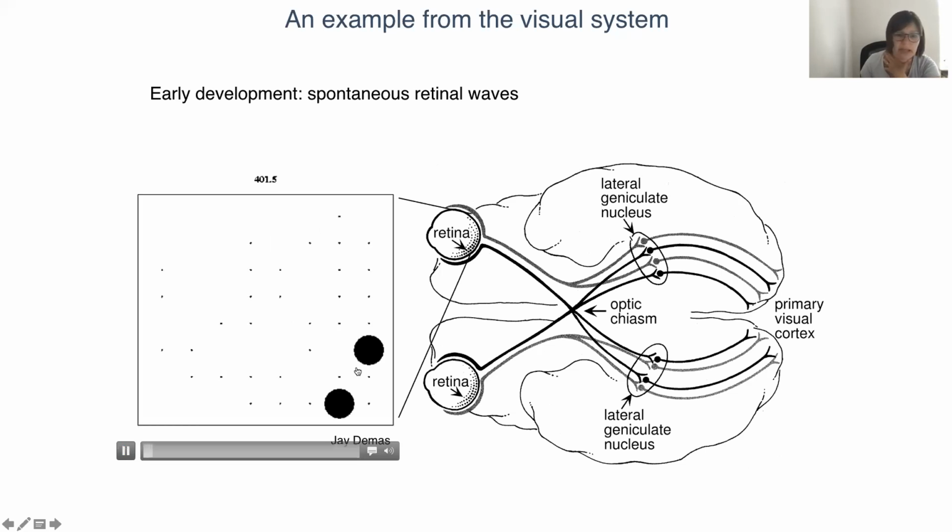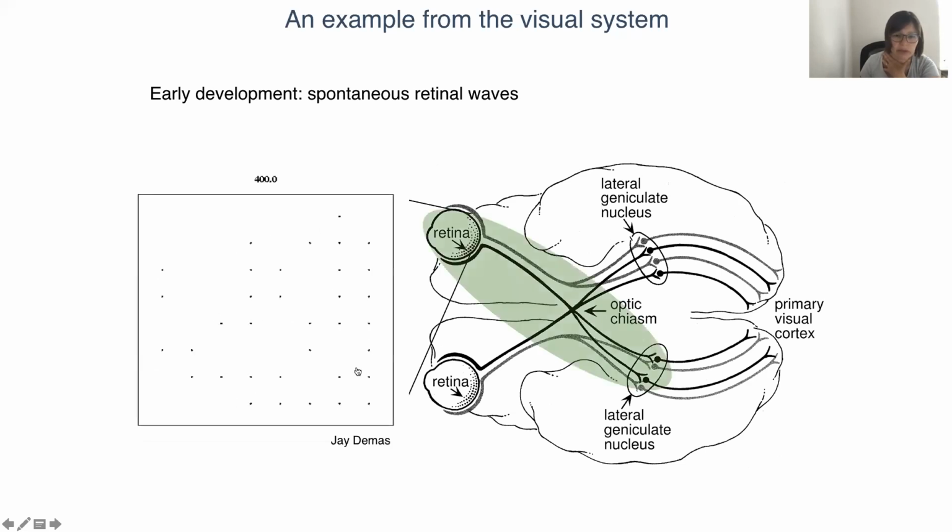In this case, we were interested in looking at refinements between the retina and the lateral geniculate nucleus. That's the network we have in mind, and this is the modeling framework that we have. It's exactly the same feed-forward network that we've studied before.